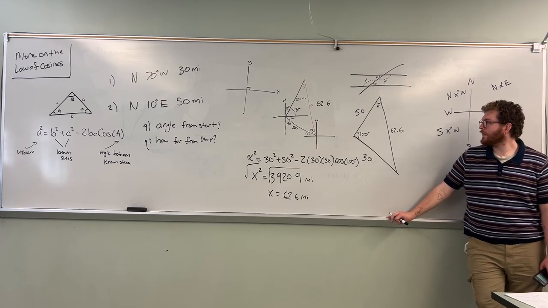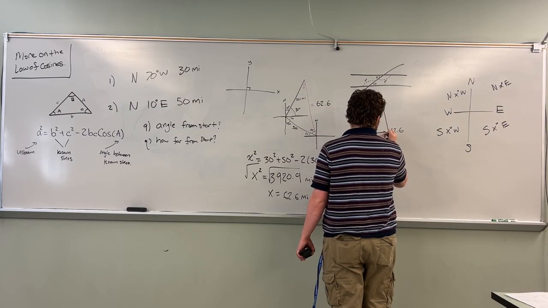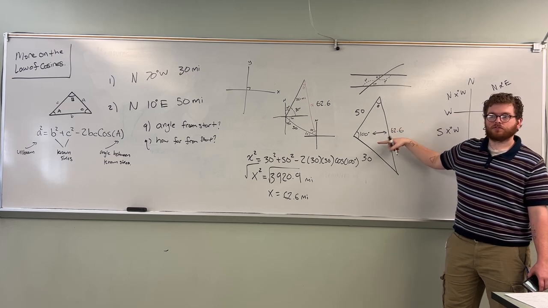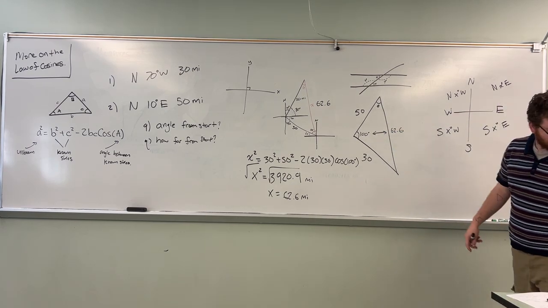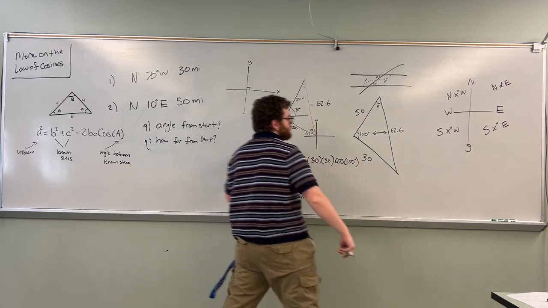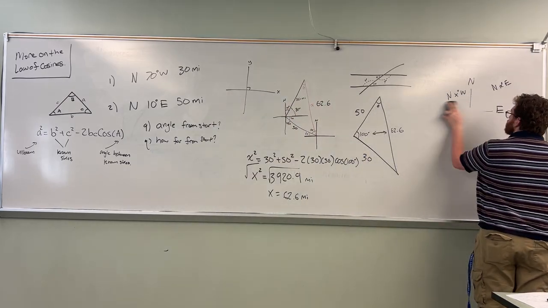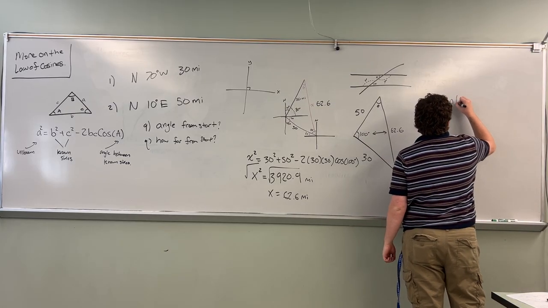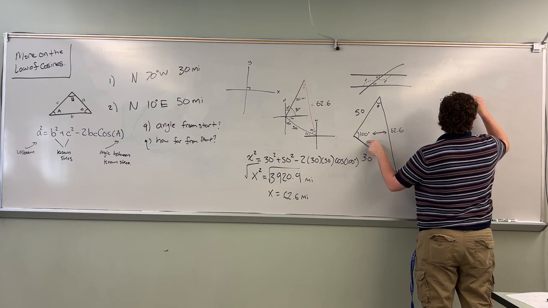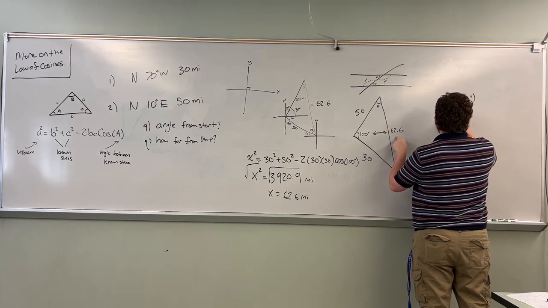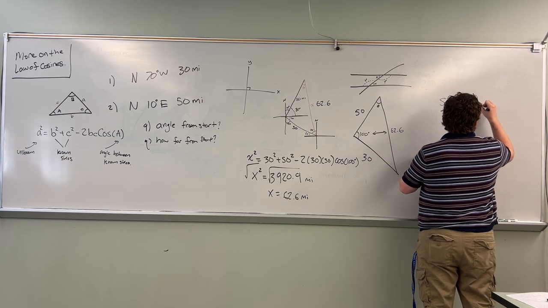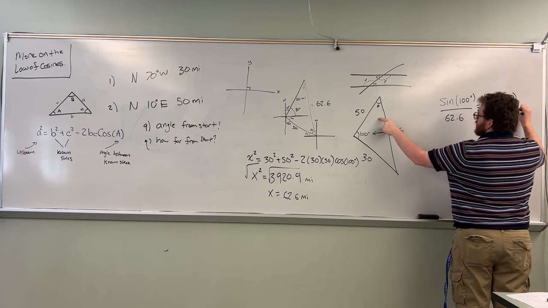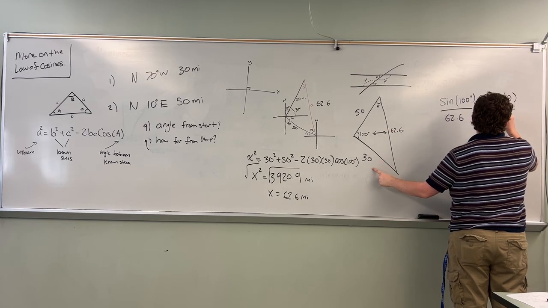Law of sines, right? I have a pair. I just derived that pair. And I have another pair now. So I can use law of sines. So I have sine of 100 degrees over the corresponding side of 62.6 equals sine of my angle theta divided by the corresponding side, which is 30.